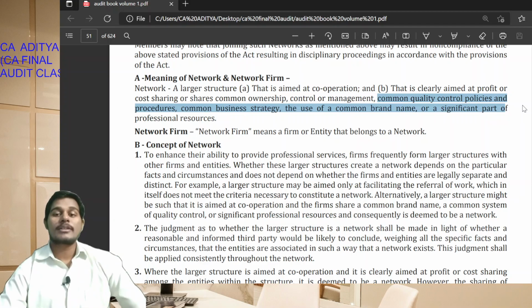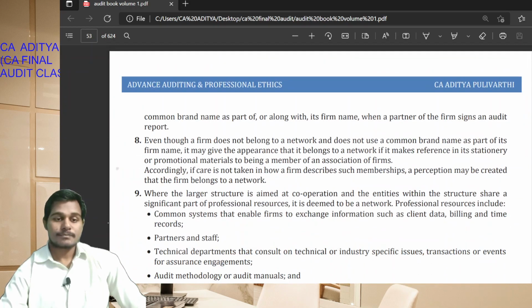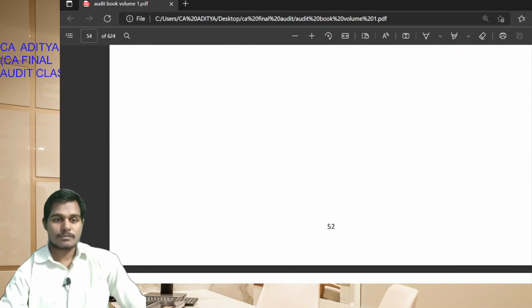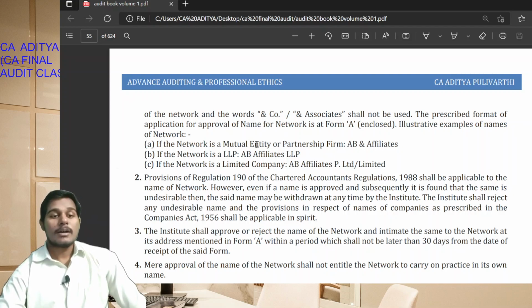This is known as a network. If the network is a partnership firm, AB and Affiliates should be used. If the network is an LLP, AB Affiliates LLP should be used. If the network is a limited company, AB Affiliates Private Limited should be used. Okay, students.